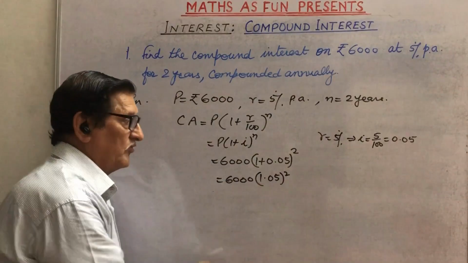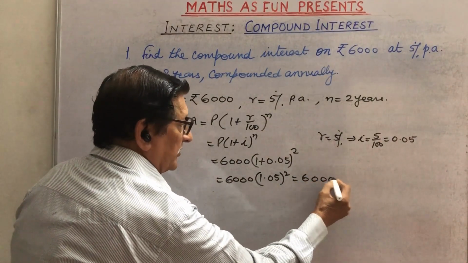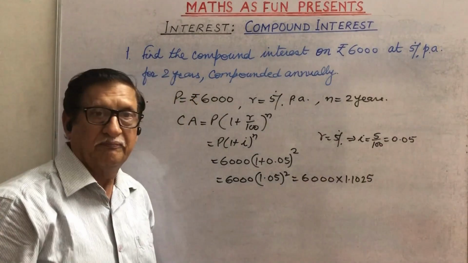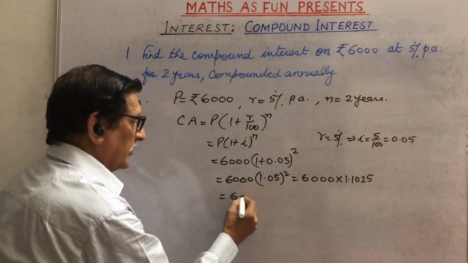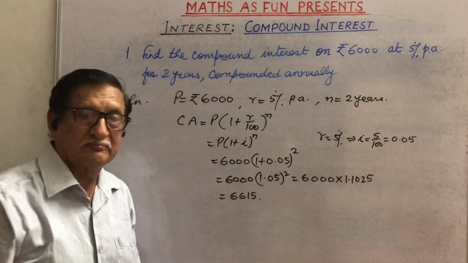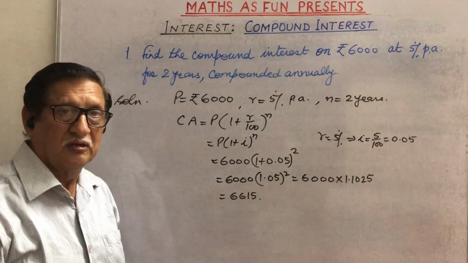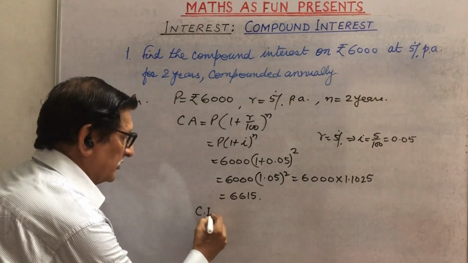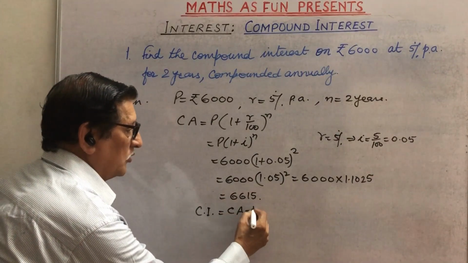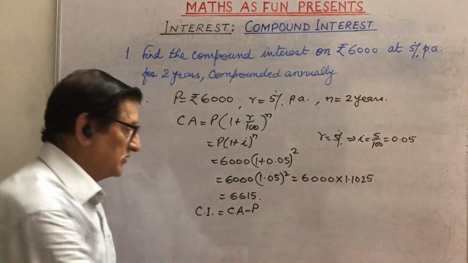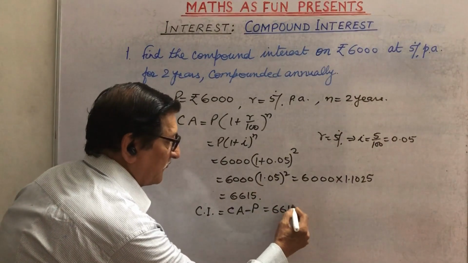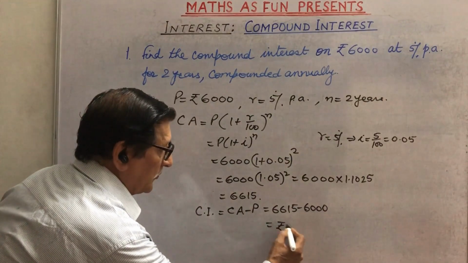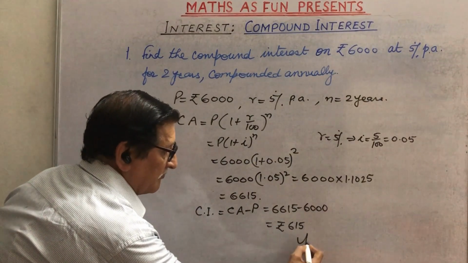And we know the square of 1.05 is 1.1025. If we multiply them, we get 6615. This is the compound amount. But we have to find the compound interest. So we know that compound interest is equal to compound amount minus the principal. It means here it will be 6615 minus 6,000, which is equal to rupees 615, the answer to the problem.